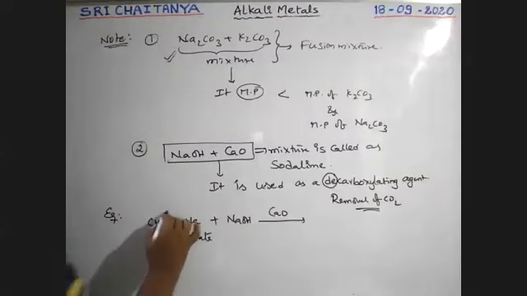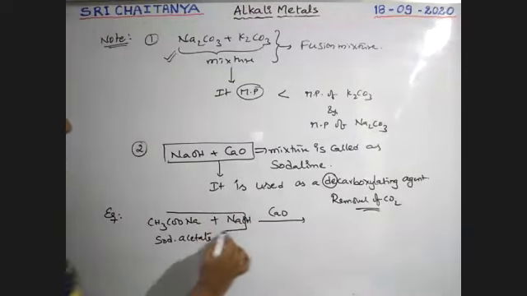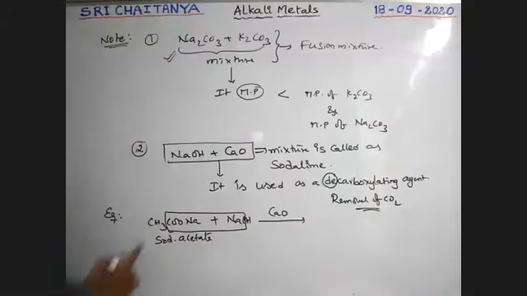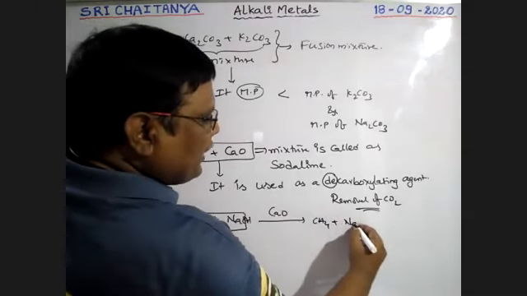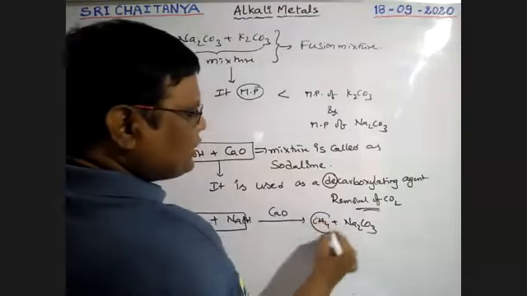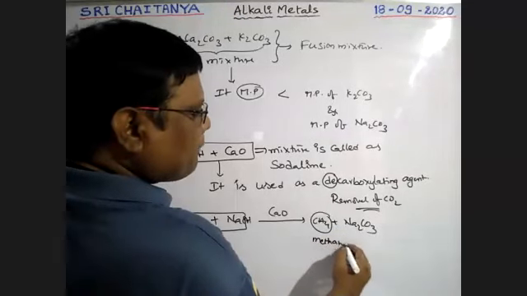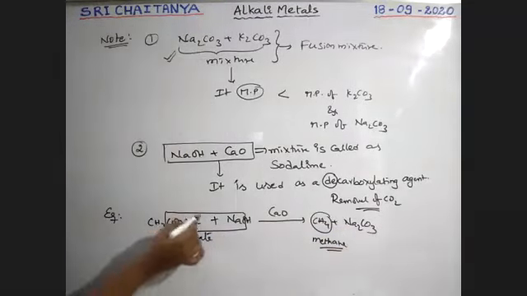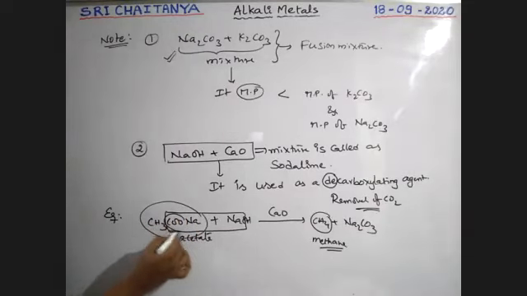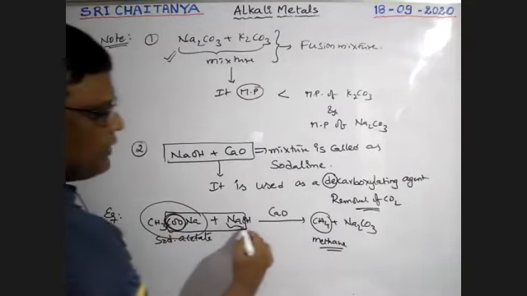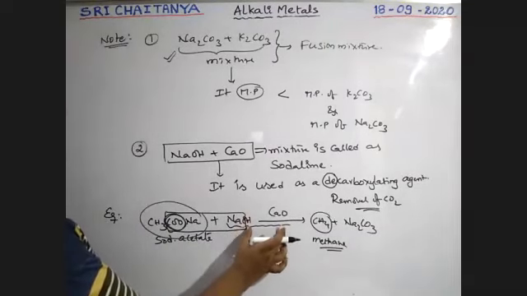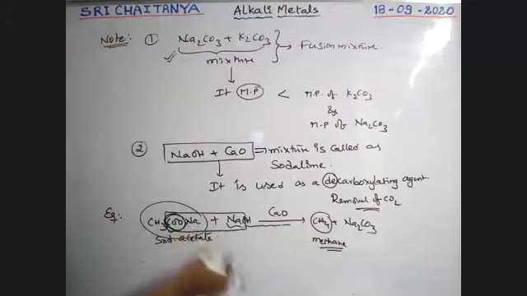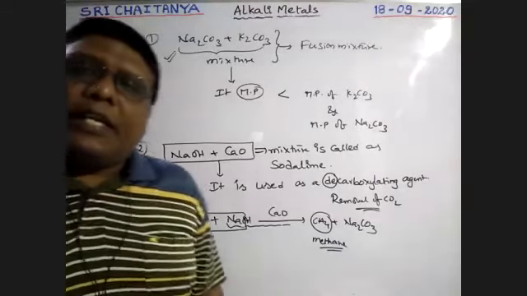This Na2CO3 goes out, and the CH3 with this H gives CH4, methane, plus Na2CO3 as the product. In the actual compound, the CO2 is removed with the help of NaOH and CaO. That's why a mixture of NaOH and CaO is used to remove CO2 from the given compound, and it is called a decarboxylating agent.